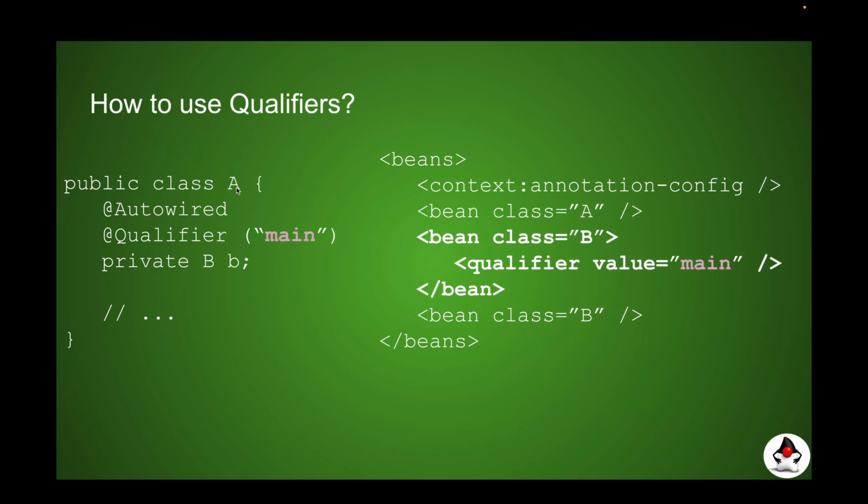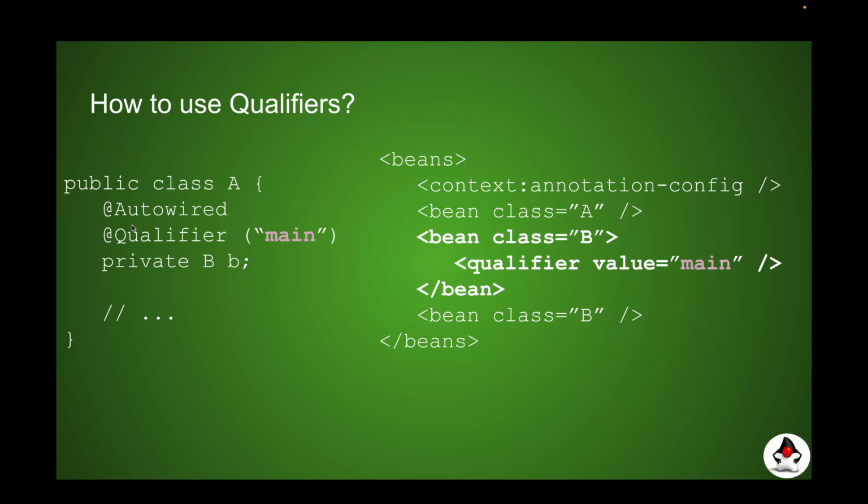So let's say we have a class called A and that needs an instance of class B, and we created a bean of class A, but we have multiple beans of class B, and we need one of these beans in class A. If we just use the Autowired annotation and we don't use any Qualifier annotation, then we will get an exception of type NoUniqueBeanDefinitionException or something like that, because the Spring IOC container can only deal with one bean but it finds two beans, and there is no way to resolve the ambiguity of which bean should be injected.